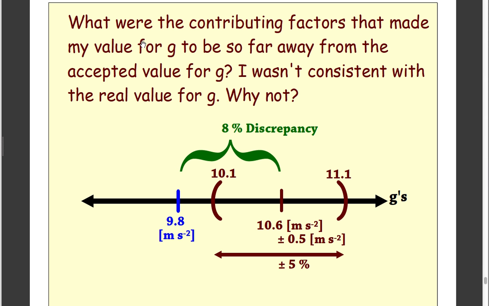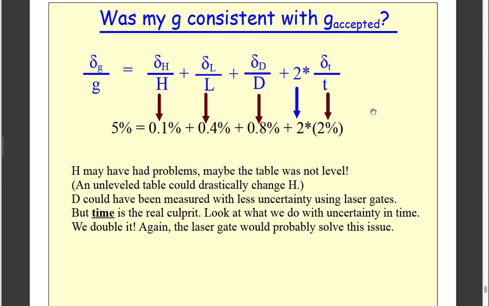Now, what were the contributing factors that made my value for G to be so far away from the accepted value for G? I wasn't consistent with the real value for G, but why not? At this point, it's just simply looking at each of your measurements and where are the largest problems.